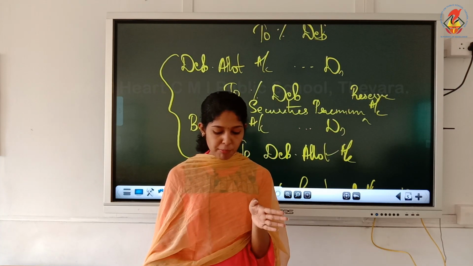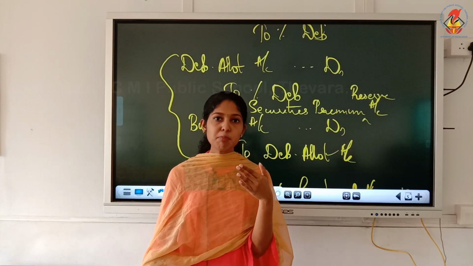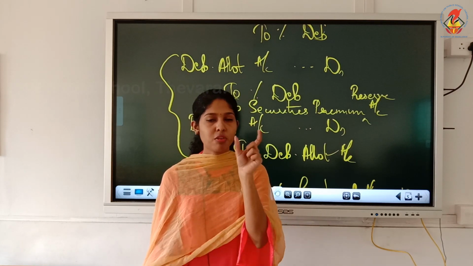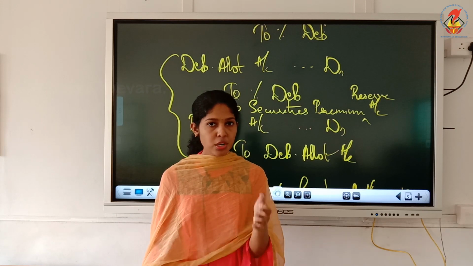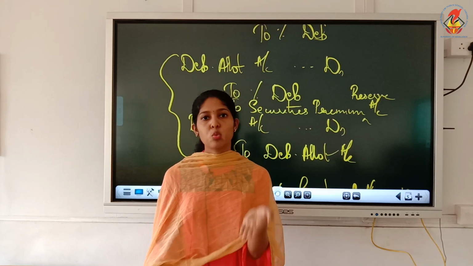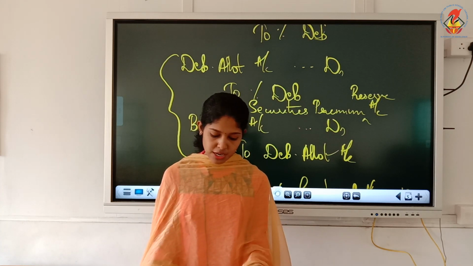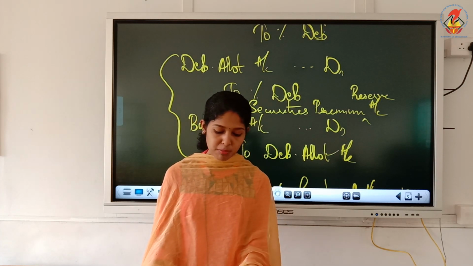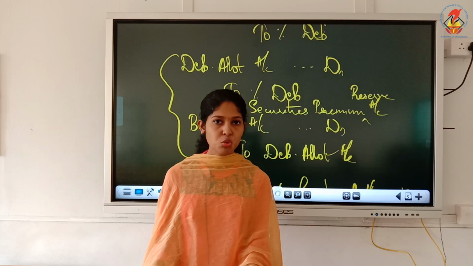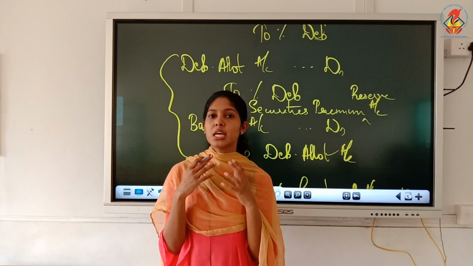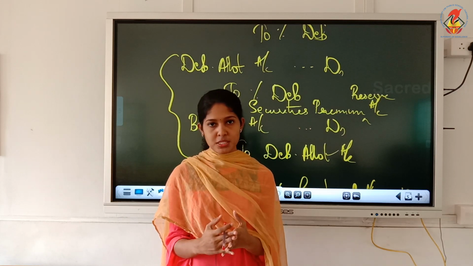So this is the number, and it is given 9% debentures. 9% is the fixed rate of interest. I told you, it will always be written with the name of the debentures. Then 100 each, it's collected at a premium of 20%, and you remember on which amount you have to compute this premium of 20%.